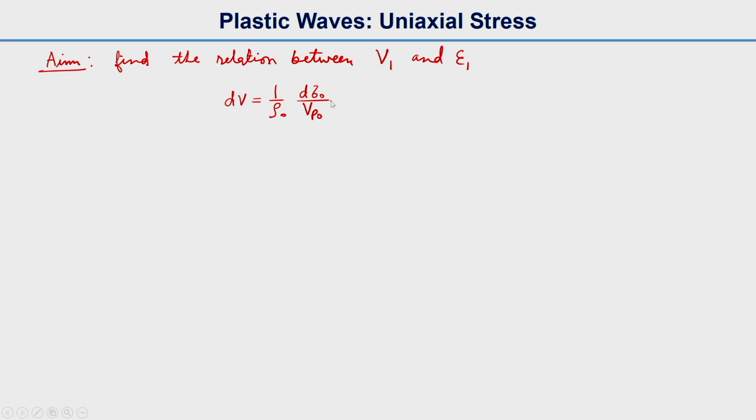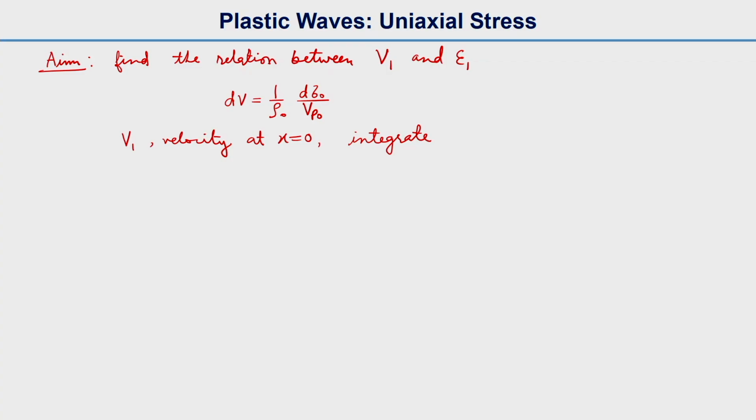If you want to find the velocity at x equal to 0, that is V1, the velocity at x equal to 0, we need to integrate the above equation. Why are we integrating? Because the velocity is 0 at the top and the maximum at the bottom.